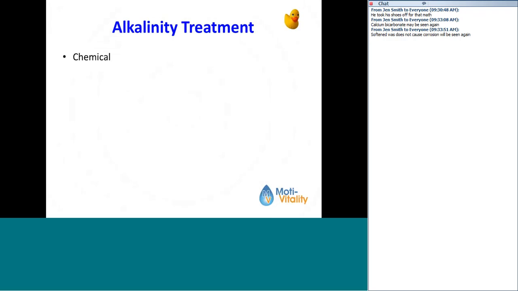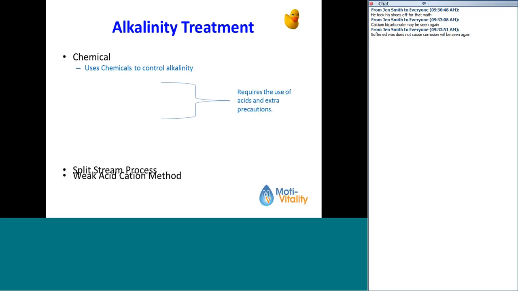Alkalinity treatment, there's chemical. When the books talk about this stuff in terms of water treatment, we talk about it in terms of lowering the alkalinity, bringing it closer to neutral, because things tend to work better when the water is pretty close to neutral. So to treat alkalinity, we can use chemicals to control it.